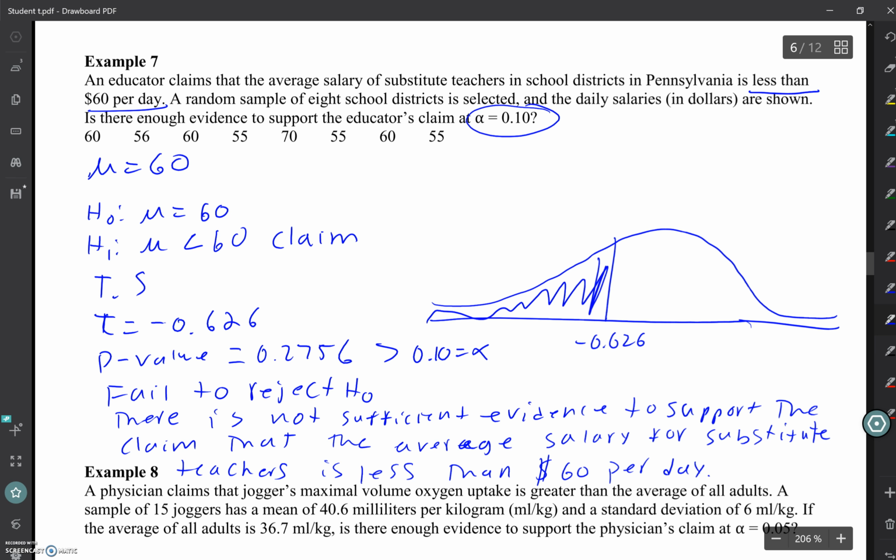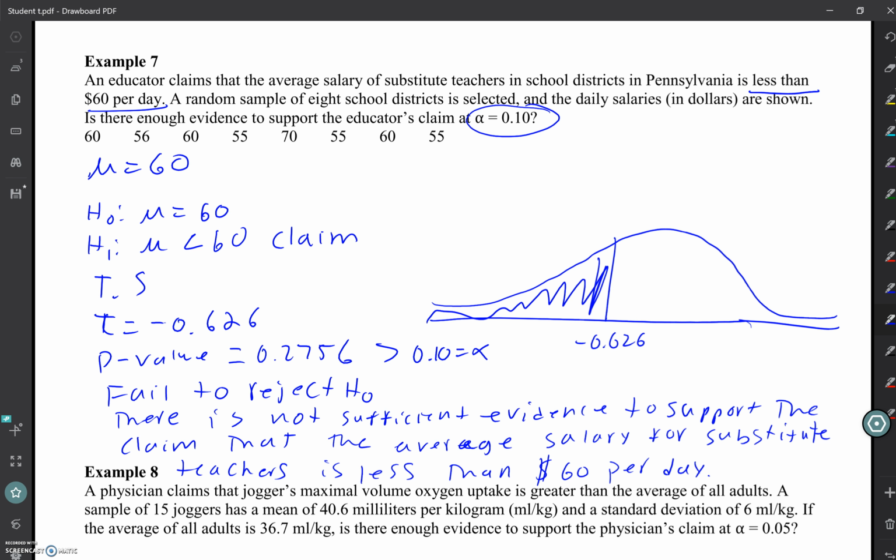And we could be more specific and say the Pennsylvania substitute teachers, because your salary is going to be dependent on where you are.